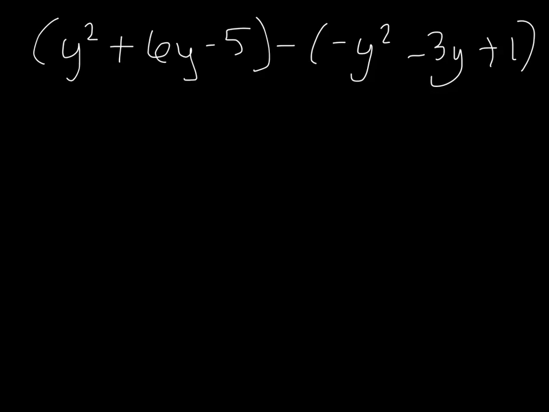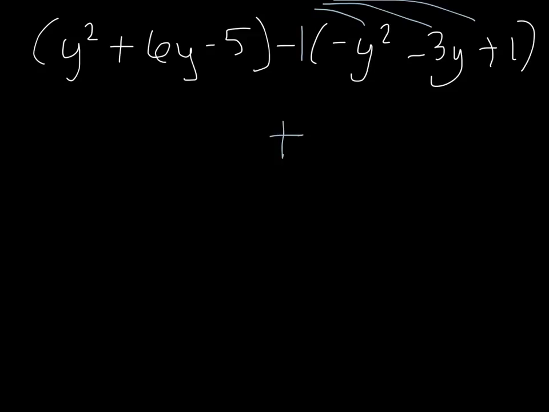Another type of problem that we might get is a polynomial with subtraction, or subtracted by another polynomial. What I'm going to suggest is that we've actually got a negative 1 hanging out here. So I'm going to distribute that negative 1 into each of these terms, which is going to change this entire thing into addition.